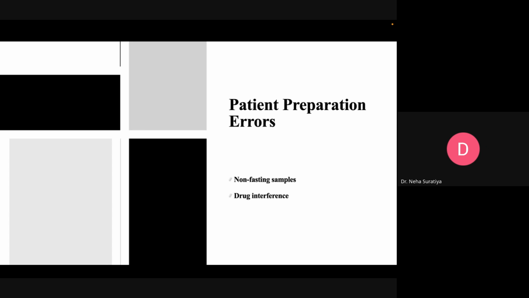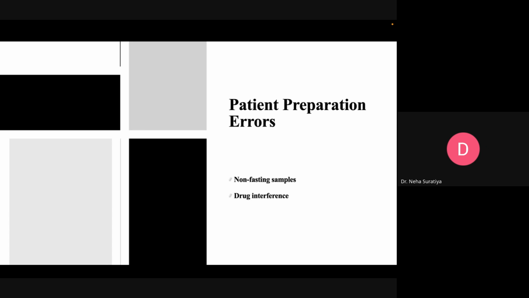Another common issue is drug interference. Certain drugs can alter your liver enzymes, electrolytes, hormone levels, everything. So if we do not know what medicine the patient is taking, we may again misinterpret the results.